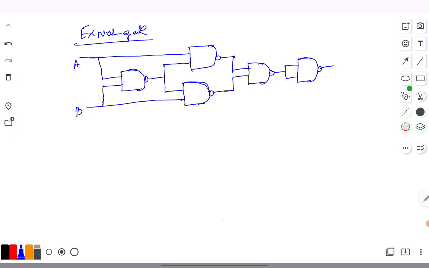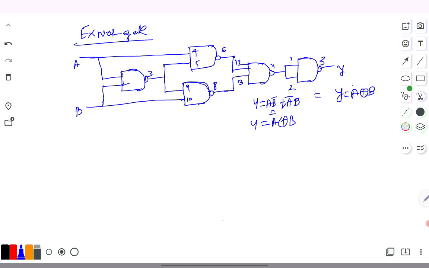See this one 1 2 3 4 5 6 9 10 8. I am writing pin number 12, 3, 11. This again use one more NAND gate. See, I have explained the XOR gate. Here you will get Y is equal to A B bar plus A bar B. That means here Y is equal to A XOR B, and if you connect one more NAND gate you will get Y is equal to A XOR B whole bar.